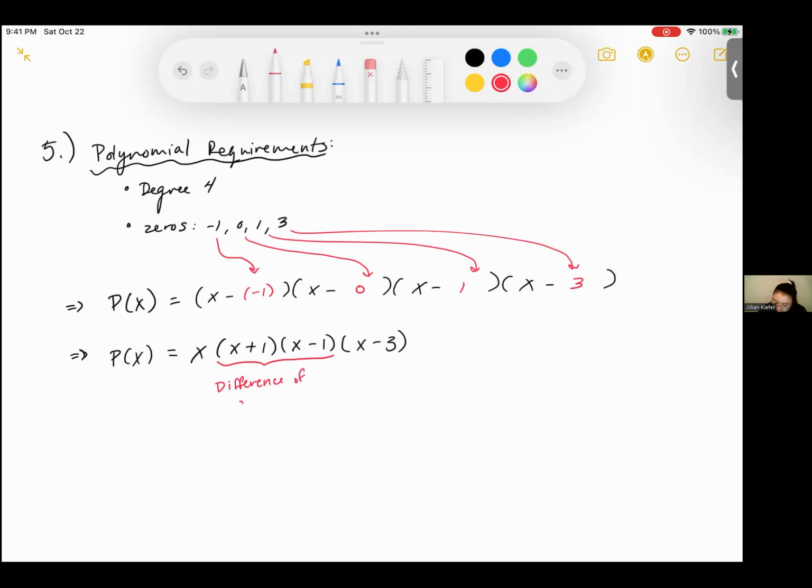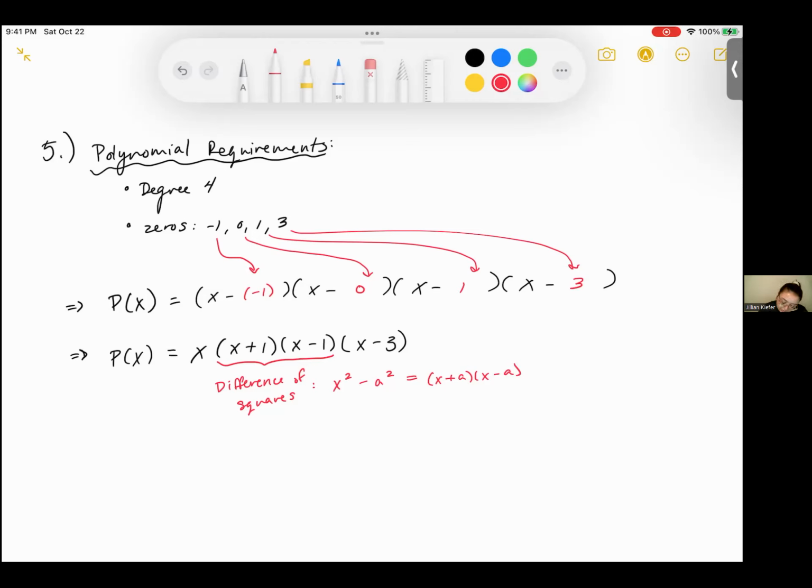And we've mentioned it quite a few times, but it's very useful in chapter 3 because you see a lot of factoring, you see difference of squares come up a lot. Difference of squares states that something that looks like x squared minus a squared would factor into x plus a times x minus a. And it works the same way backwards. And in our case, we've got x plus 1 times x minus 1. So in our case, a is 1.